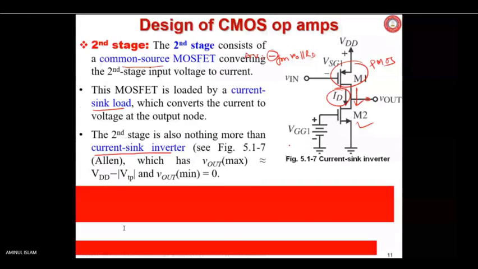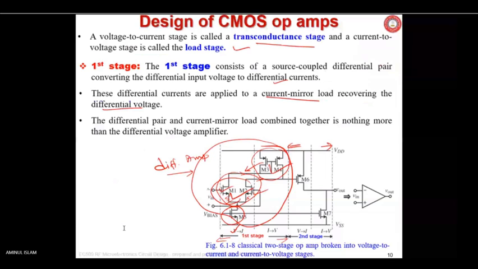Why is the input resistance of this amplifier high? Can you say? Here, input resistance is high. Why? Can somebody say? Sir, because CMOS has high input resistance. Yes, MOS has high input resistance because of the insulator, silicon oxide, SiO2.